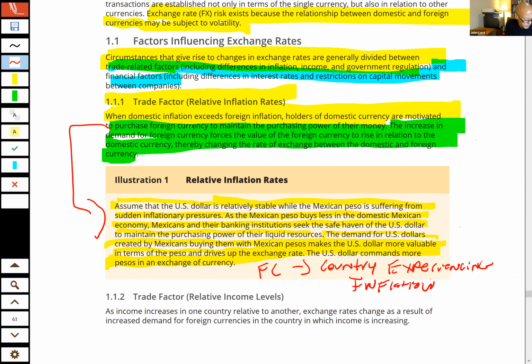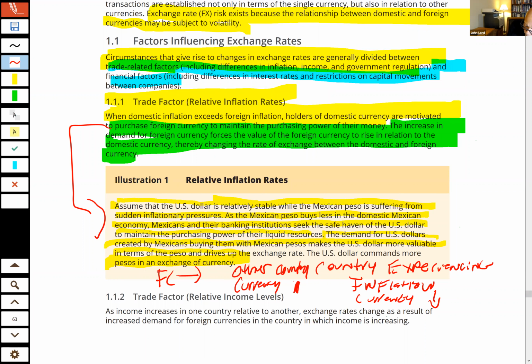In this little example, Mexico, their currency is coming down, and it's all relative. Make the flashcard. I should have given myself more room towards the margin. That's okay. Country experiencing inflation, their currency is going to come down. The other country, which in this example is the US, their currency is going to be coming up.